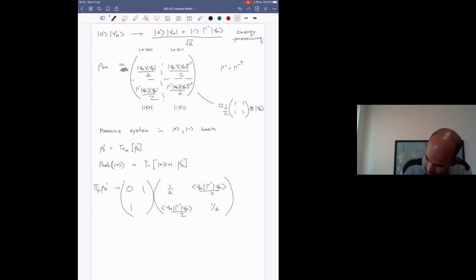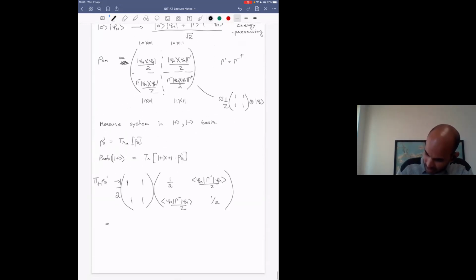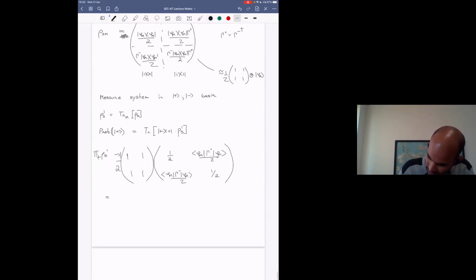Oh, sorry. Actually, I just realized the projector on plus is the state 1, 1, 1, 1 upon 2. Actually, yes. So this is actually a new calculation, because in writing the calculation before the lecture, I may have made a little bit of a mistake.